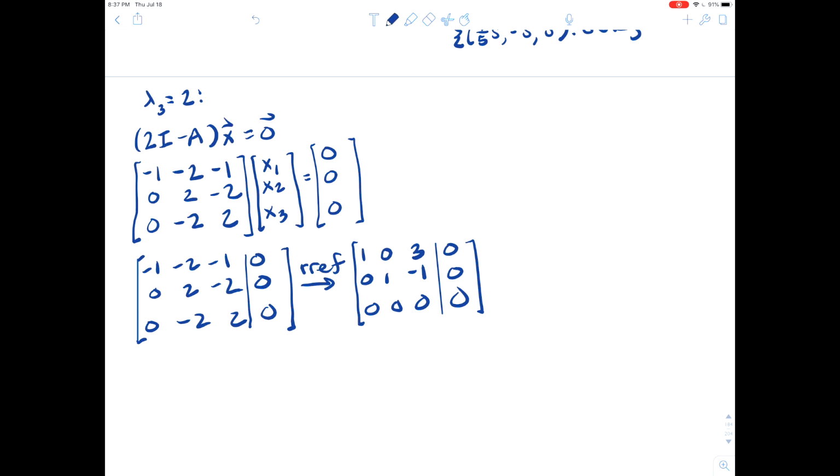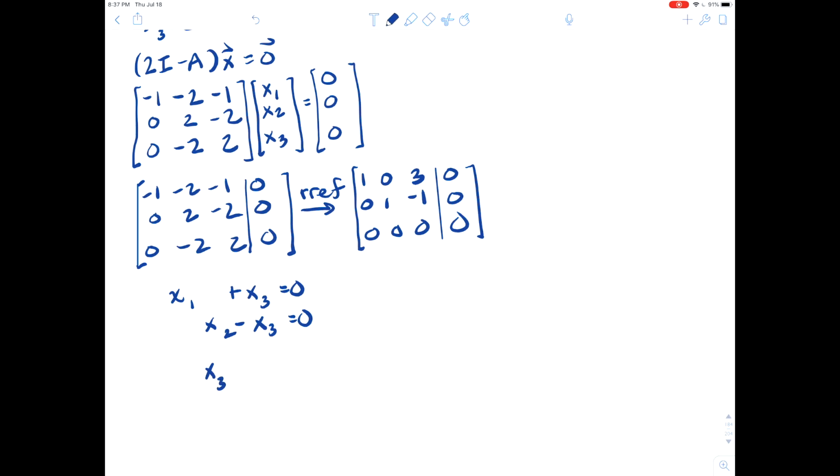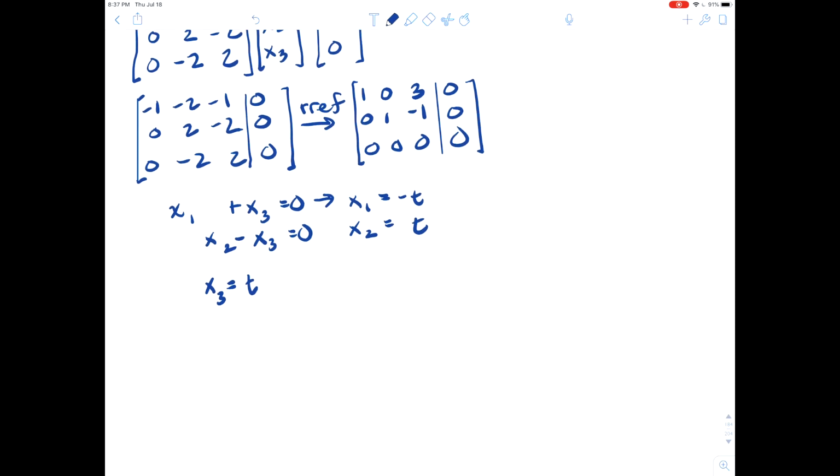And then that gives us that x1 plus x3 is 0, x2 minus x3 is 0, and if we were to let x3 equal t, we'll have x1 will equal negative t, x2 will equal positive t.